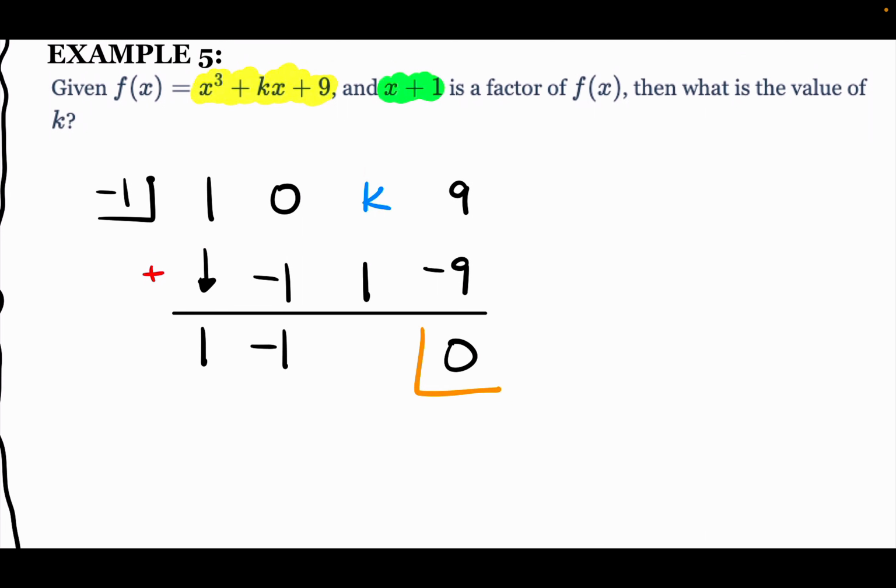I don't know what k plus 1 is. But I know that this number times this number makes that guy. So what number has to go here? +9, right? +9 has to go here. Because when these two guys multiply, they have to make -9.